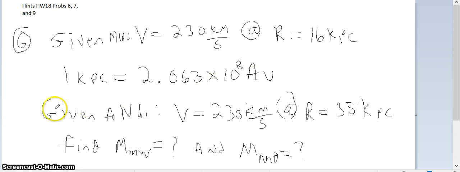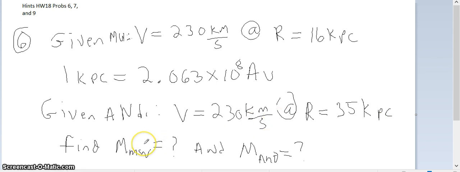Then we're given the information about Andromeda. The AND stands for Andromeda. For Andromeda, we take a particular star, and that star is also moving at 230 kilometers per second, but that star is at a distance of 35 kiloparsecs from the center of Andromeda.